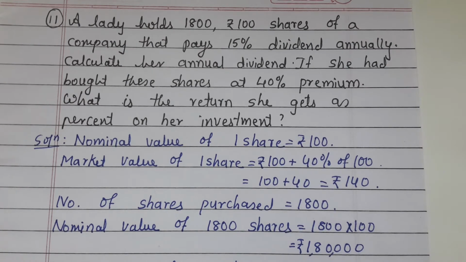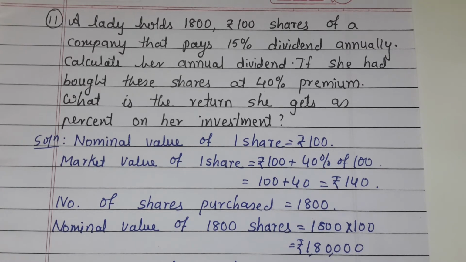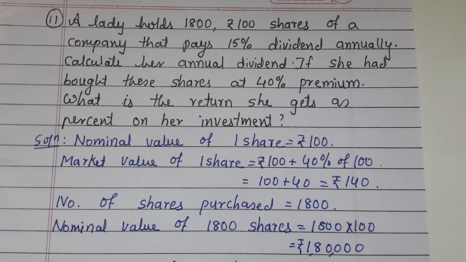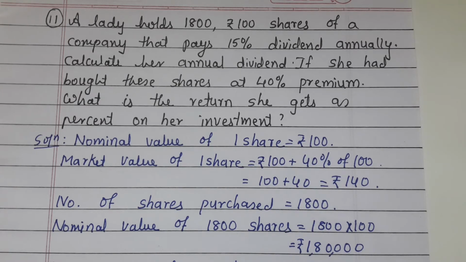Sum number 11. A lady holds 1,800 rupee 100 shares of a company that pays 15% dividend annually. Calculate her annual dividend. If she had bought these shares at 40% premium, what is the return she gets as percent on her investment?